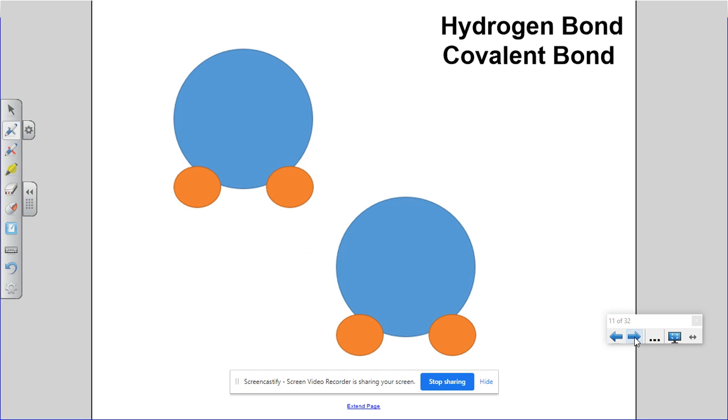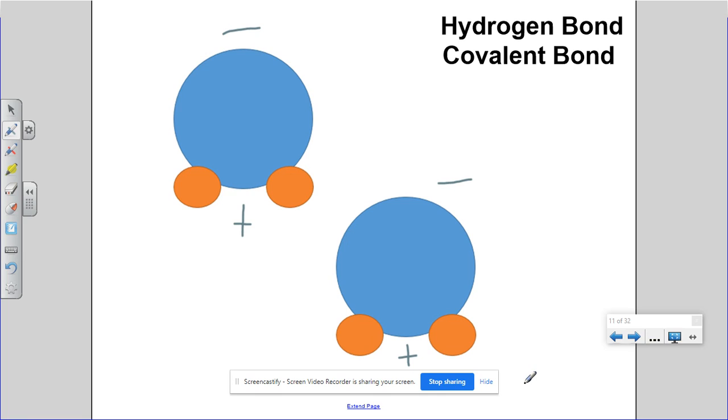Now we need to add some more details to this idea. So again, we have negative charges where the oxygen is, a positive on the hydrogen end. Now, if you were to have an actual cup of water, you would have more than one water molecule, like trillions.